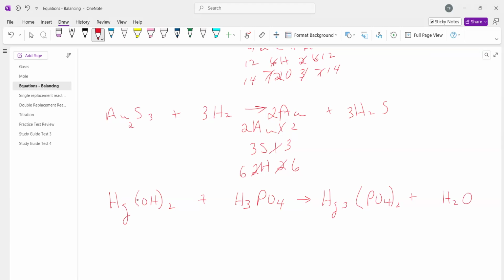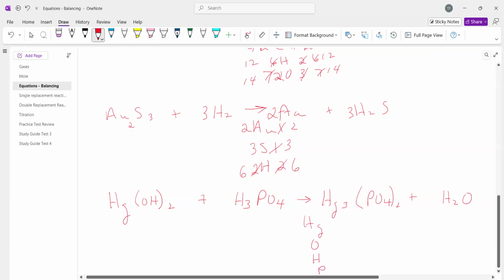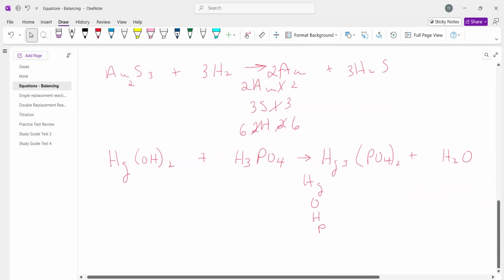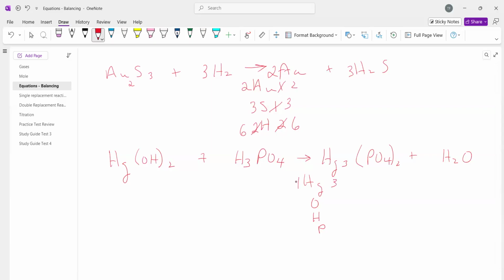Okay. Start with an inventory. So we have mercuries, O's, H's, and P's. Okay, so we have 1 mercury, 3 mercuries, 2 oxygens over here, plus 4 oxygens.